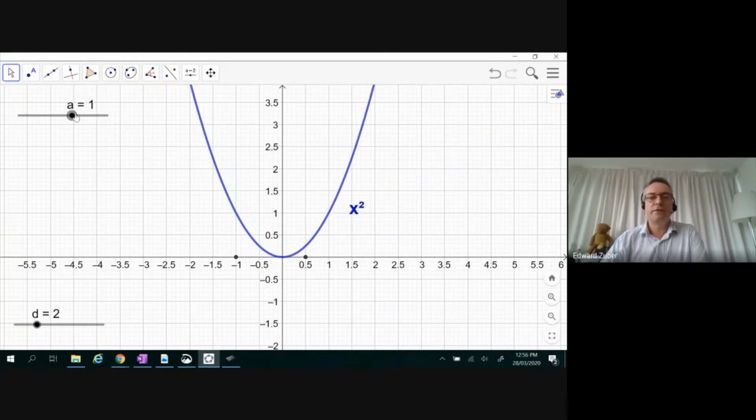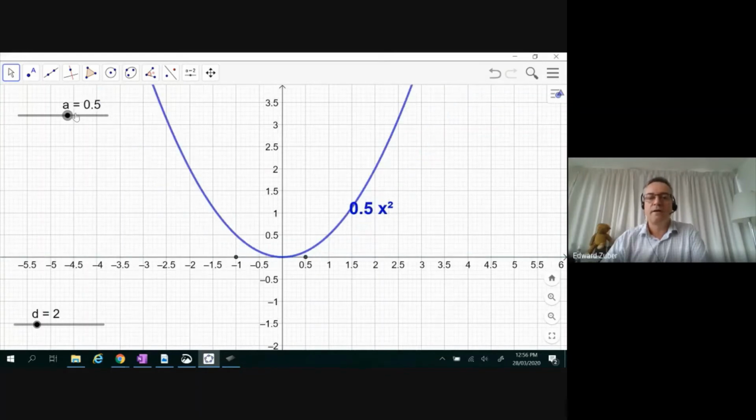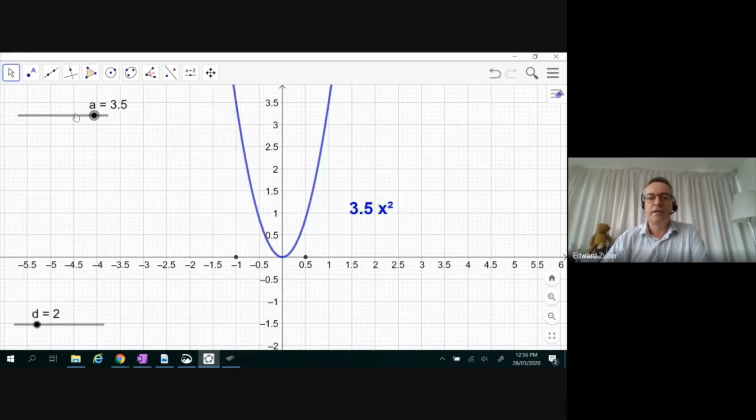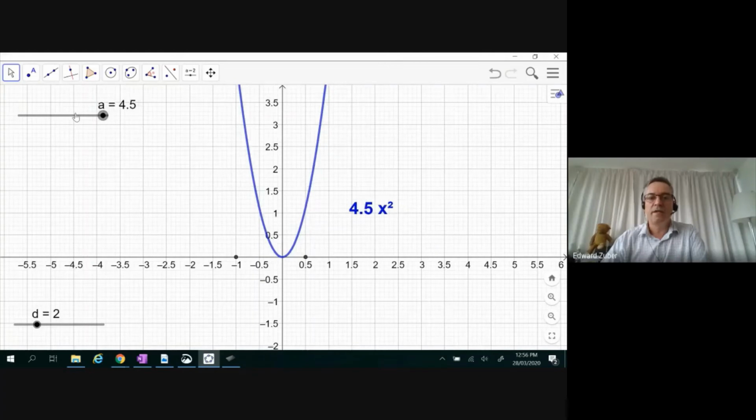We're going to reduce it: half, quarter, 0. So we can see that changing the a value changes the steepness of the curve and how quickly it's rising. The bigger the number, the more quickly it's rising.